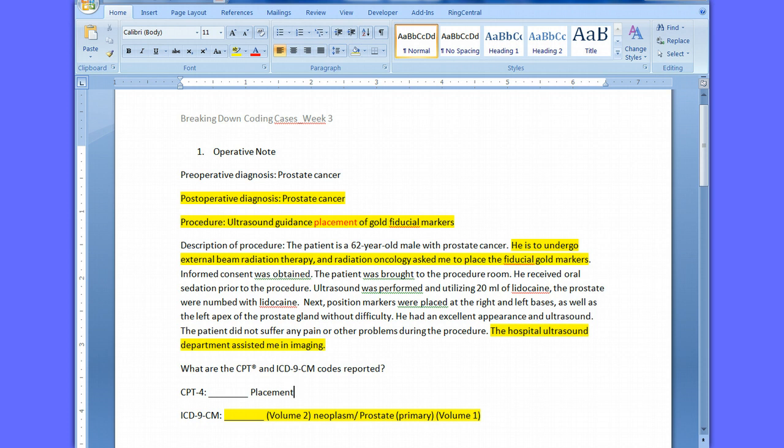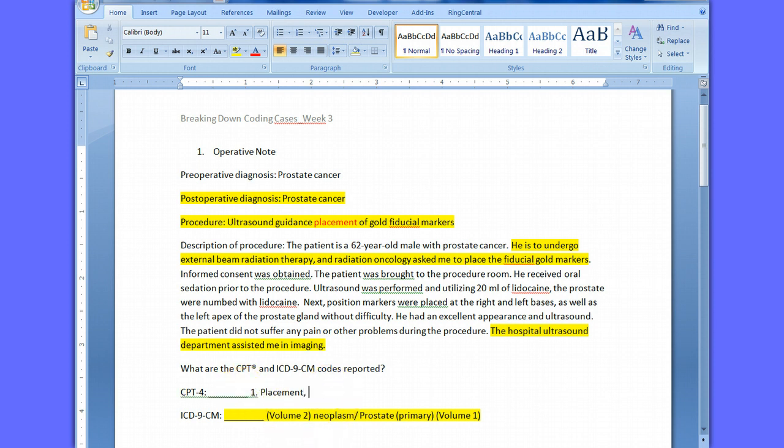It's not always how you locate your CPT codes or main terms, but I want to say 95% of the time, that action word in that procedure sentence, not this description, just the sentence right here, will give you exactly where you need to be. So the first thing is placement.